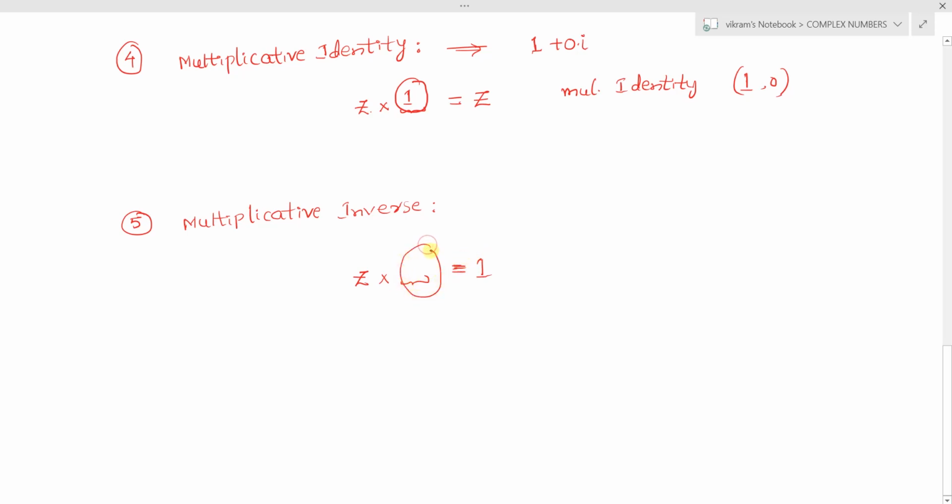That complex number is called the multiplicative inverse of the given complex number. It is nothing but 1 by z. So the multiplicative inverse of a complex number is 1 by z. In the next lesson we will discuss the multiplicative inverse in depth. Thank you.